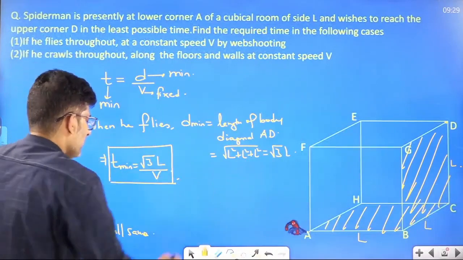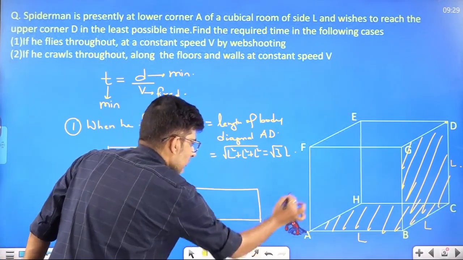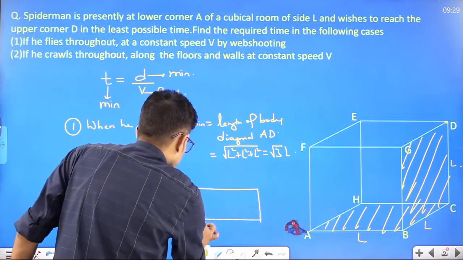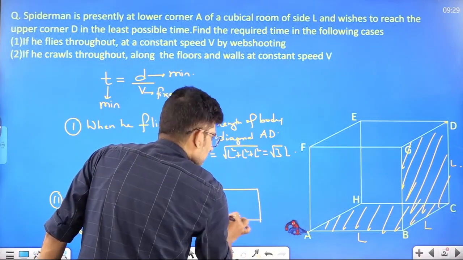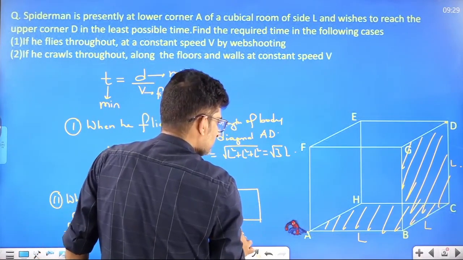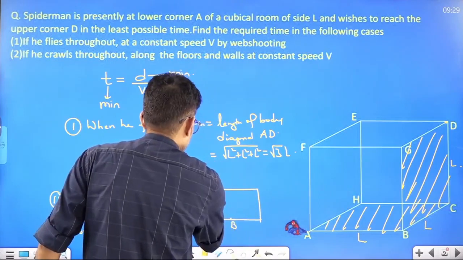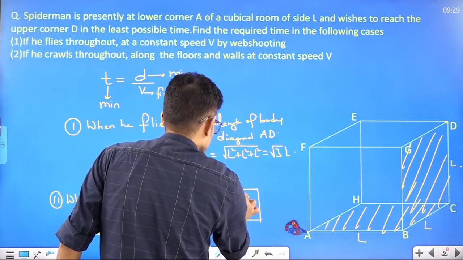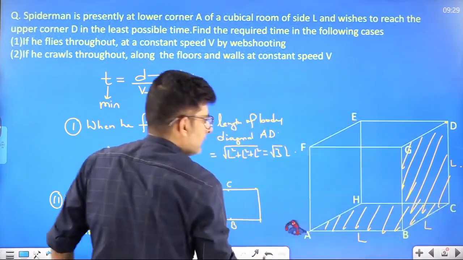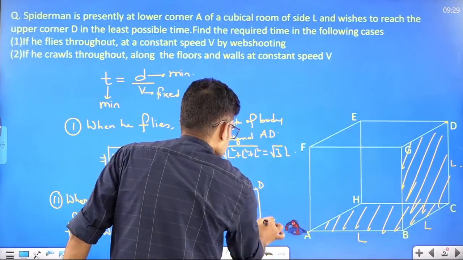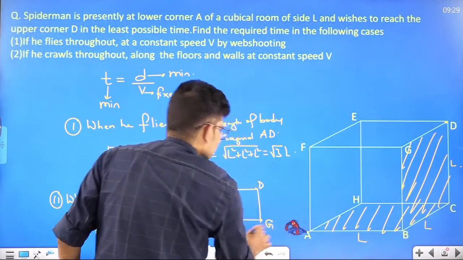So what I am doing, I am just drawing the shaded floor and wall. So what is the shaded floor and wall? You can see A, B, H, B, C. If you open this, so D and this point is G. Can you see?